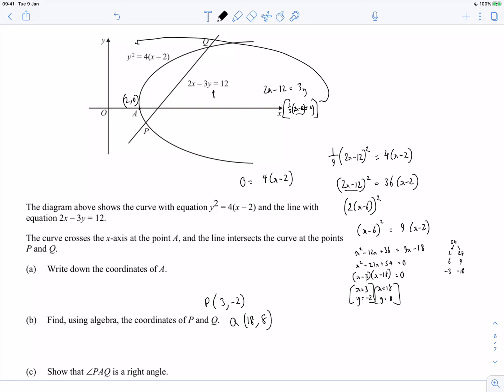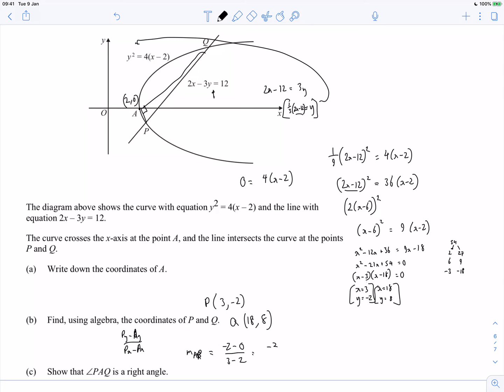Show that the angle PAQ is a right angle. Okay, that's fairly straightforward. I want that angle PAQ to be 90, so I need the gradient from A to P. So it's the change in y of P minus the change in y of A over the change in x of P minus the change in x of A. So P's y is minus 2, minus A's y, which is 0, over P's x, which is 3, minus A's x, which is 2.